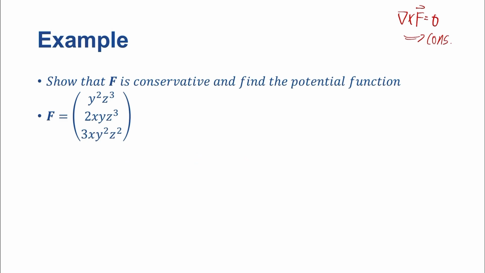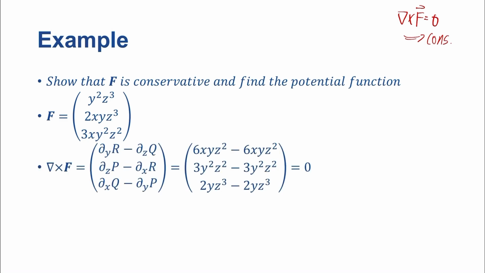So what we will do is take the curl of this, and we see that we do get a conservative vector field, in fact. If we take the proper partial derivatives and subtract them, those cancel, those cancel, those cancel, and then we get the 0 vector. So thus we proved it's conservative.